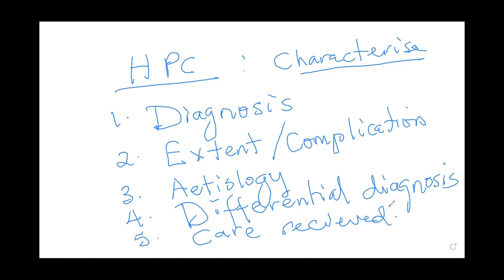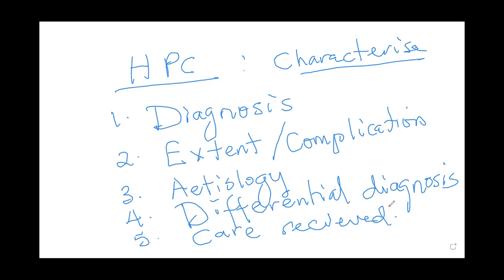Now, most of the time, you see history of presenting complaint summarized using the 5 C's. History of the complaint, okay? The cause of the disease, the cause in terms of etiology, and the care the patient receives.